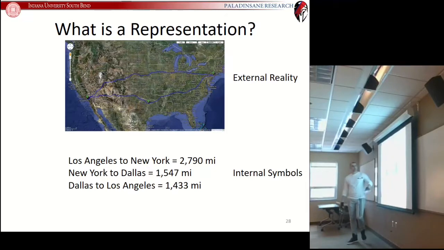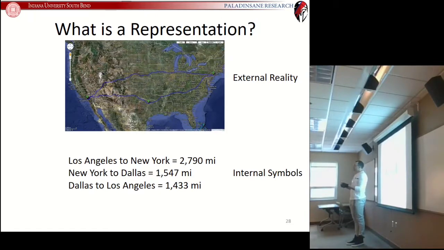So you might represent the external reality of United States geography as just a series of propositions, a series of statements. Your mind might represent this as Los Angeles to New York, 2,790 miles, New York to Dallas, 1,547 miles. That might be the way that our minds represent this information.